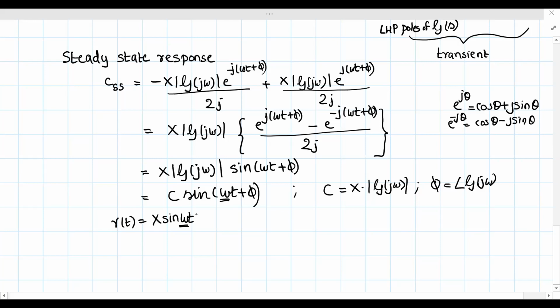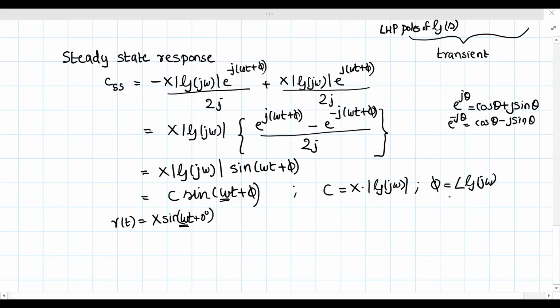Now, what was the input phase angle? It was 0 degrees, sine of omega t plus 0. You can write it like this: sine(omega t plus 0 degrees), right? But what is the output phase angle? There is some phase shift phi, and that is given by the angle of G(j omega).